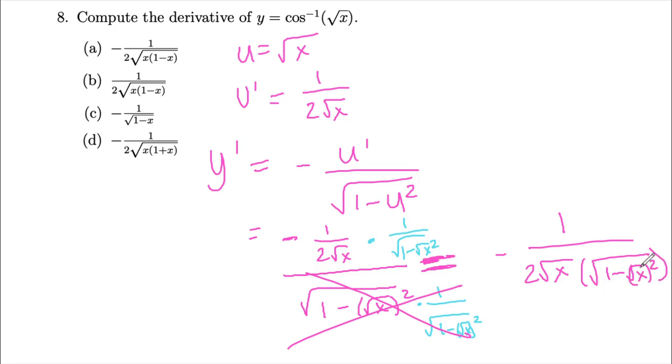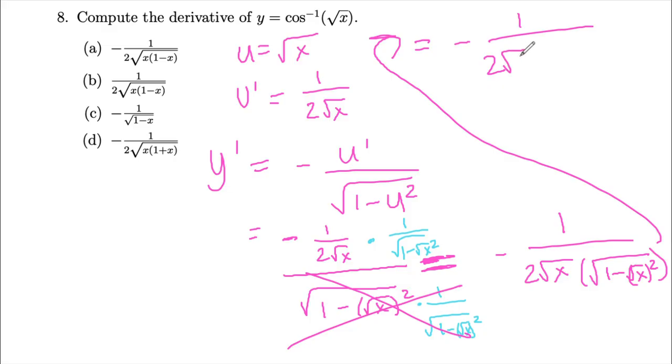So our next step, let's simplify this. The square root of x squared is just x. So this would become negative 1 over 2 times the square root of x times the square root of 1 minus x. Okay, there's not a whole lot we can do from here.